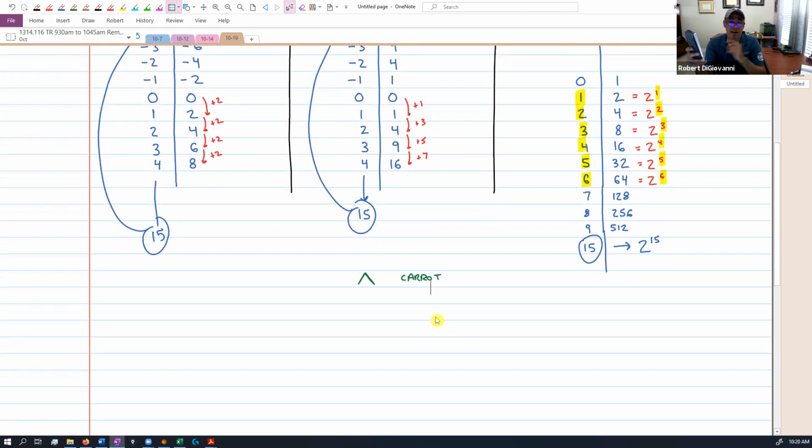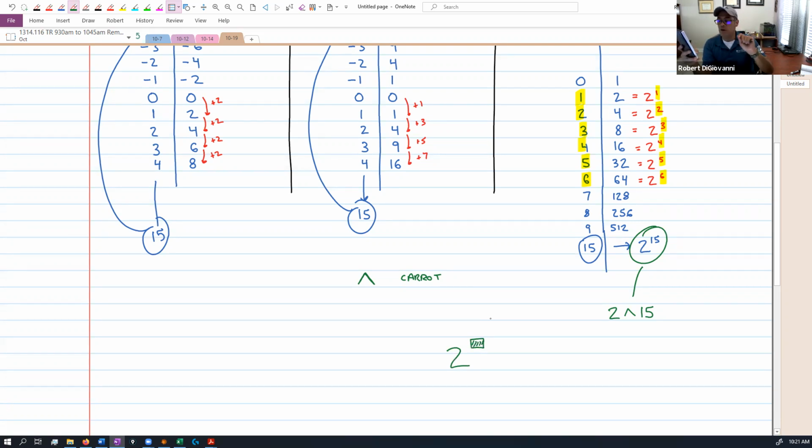What that does is allow you to raise something to a power. So if we want to know 2 to the 15th, we're going to type 2 caret 15. When you hit your caret key, after typing 2, don't hit anything else, and you'll see 2 with a little box flashing.